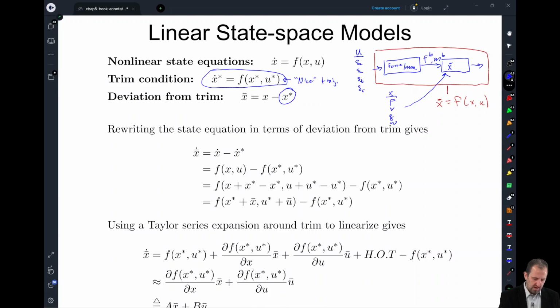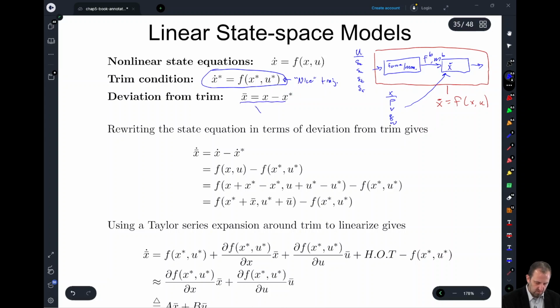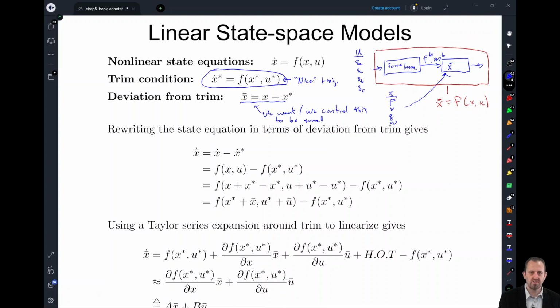So if we look at the deviation from our trim, the deviation is going to be small. We want, we will control this to be small. We're going to try to develop a controller that will allow us to converge to this desired state.